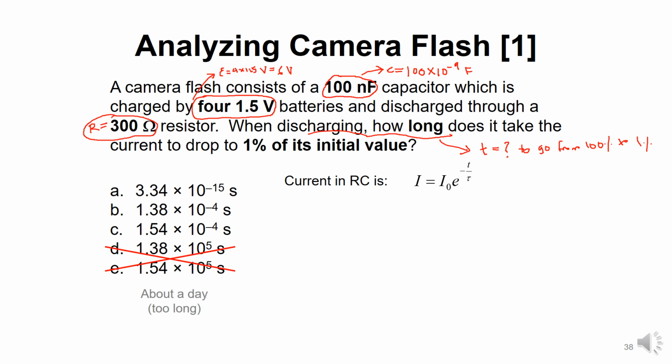So first part, how do you find the left side of the equation? How do you find I, the final current? Okay, so the final current for our problem is 1% of the initial current. So this is how we write it. I equals 1 over 100 of I0. Okay, so that's what it means to be 1% of the initial.